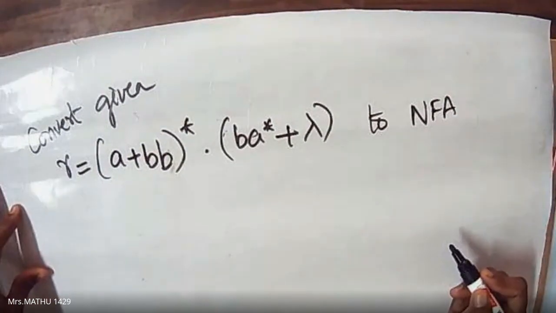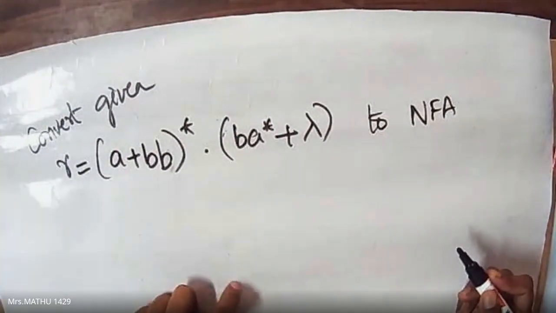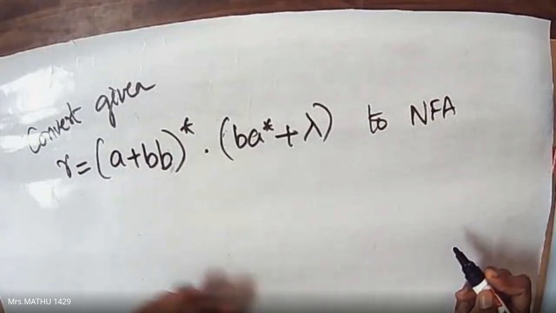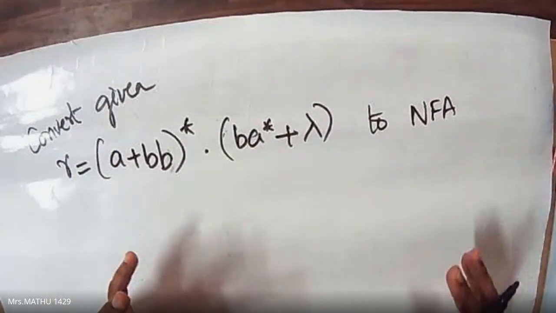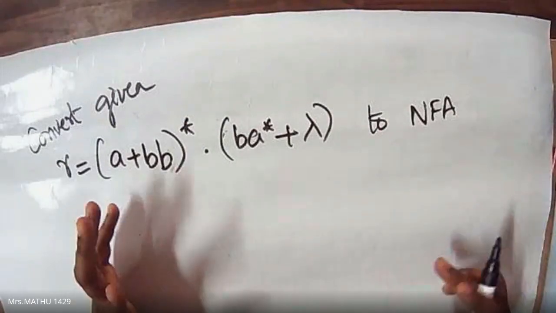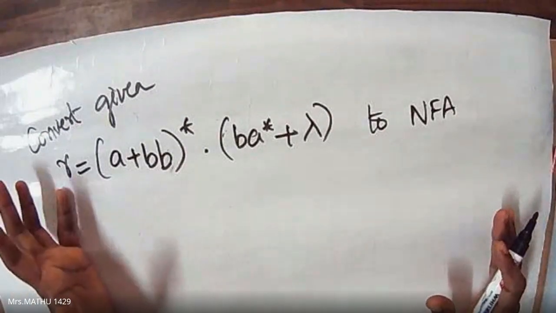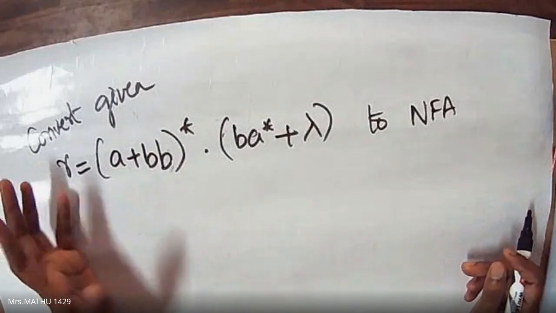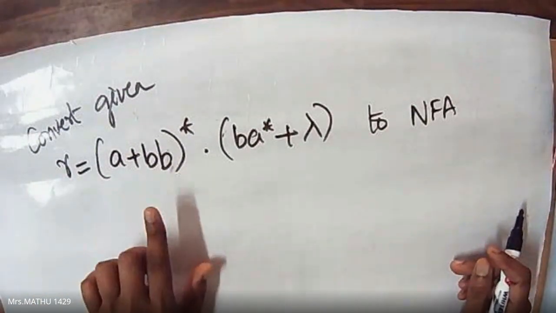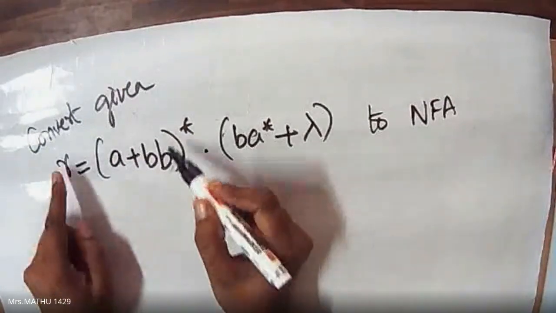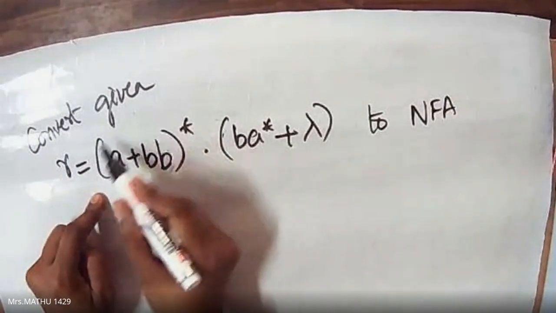What we can do is make it simple so that you will be able to draw the NFA part by part and complete it. How can we do that? When you look at it as a whole, you can see that we have a whole thing like R1 star.